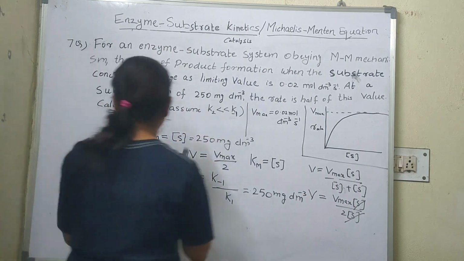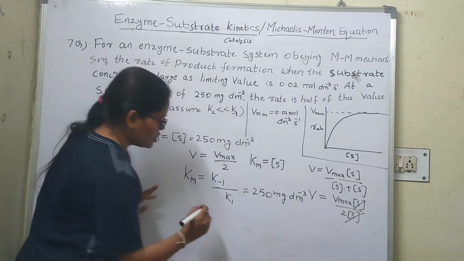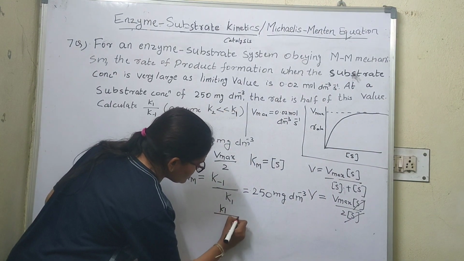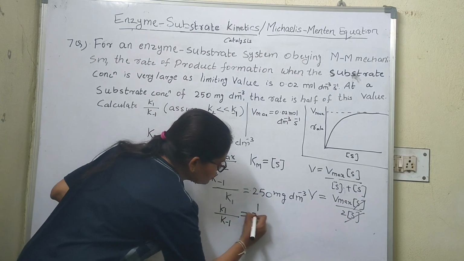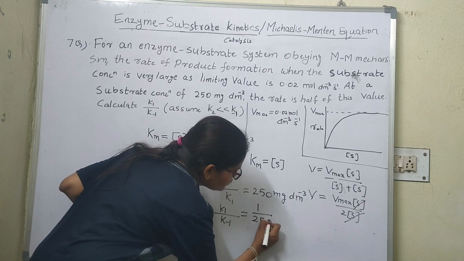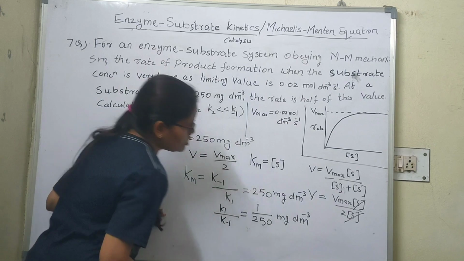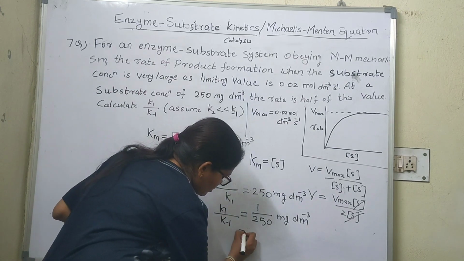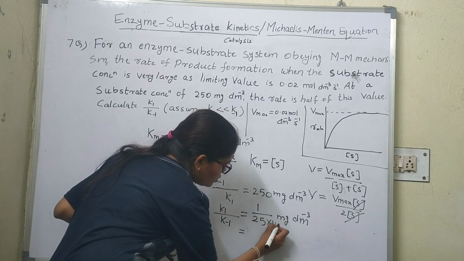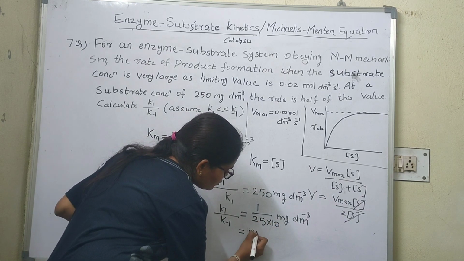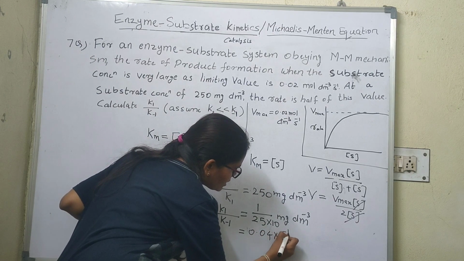But what we want is to calculate k1 over k minus 1, so the inverse of this. So I will invert this. k1 over k minus 1 is equal to 1 by 250 milligrams per decimeter cube. How much is this? I can write it as 25 into 10, so 0.04 into 10 power minus 1.